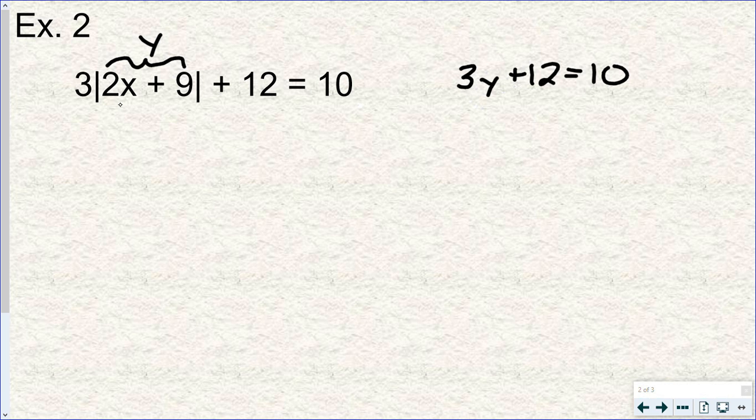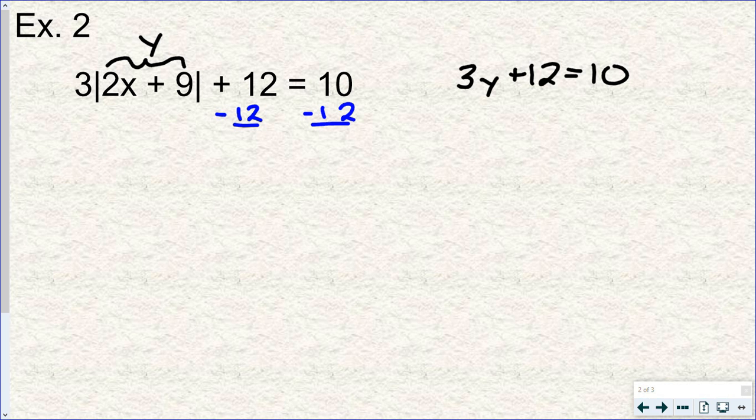So that's what we're going to do to get this absolute value of 2x plus 9 by itself. I'm not saying it's equivalent to y. I'm just saying you can think of this as a variable so that you picture this, which makes it easier to understand how to get it by itself. We're going to subtract 12 from both sides.